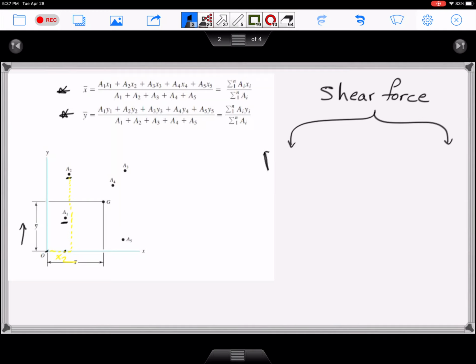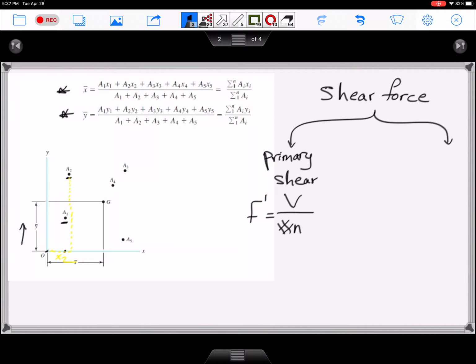The first one is the primary shear, called F prime, which is equal to the shear force applied on these bolts divided by the number of bolts. So each bolt or rivet or pin will experience this primary shear.